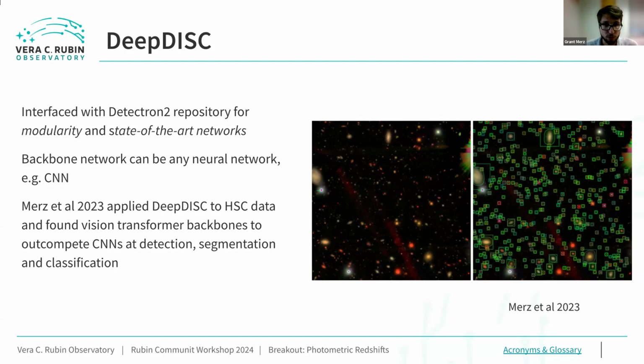So in 2023, we published a comparison study of different state-of-the-art networks that go into this instance segmentation framework, and then applied them to HSC data, so real co-added images from HSC data release 3, and compared how well they did at the task of simultaneously detecting objects, assigning pixels through segmentation, and classifying them, in this case as stars or galaxies.